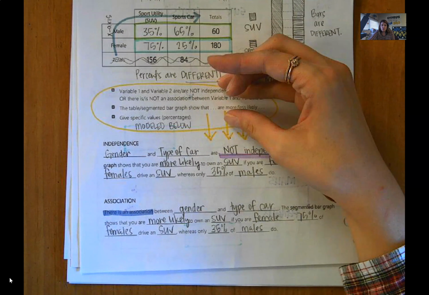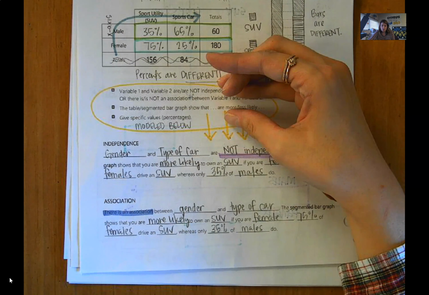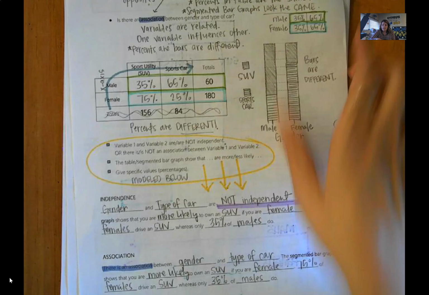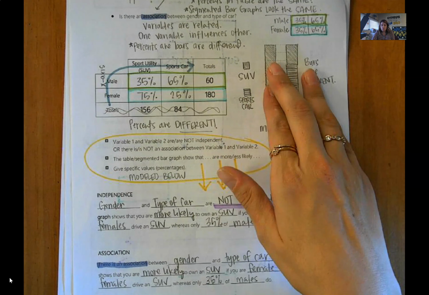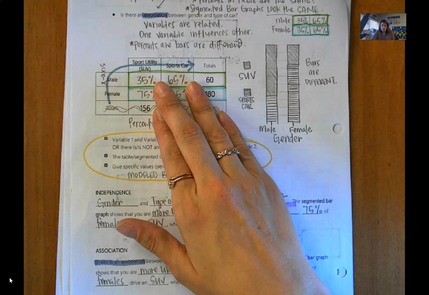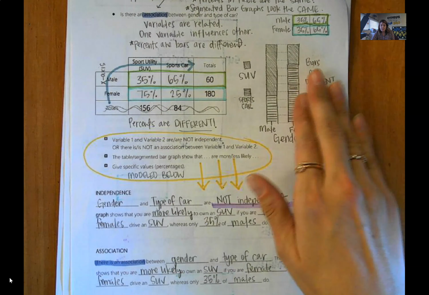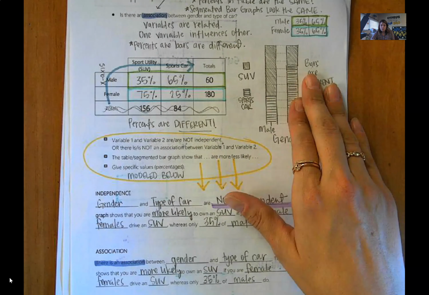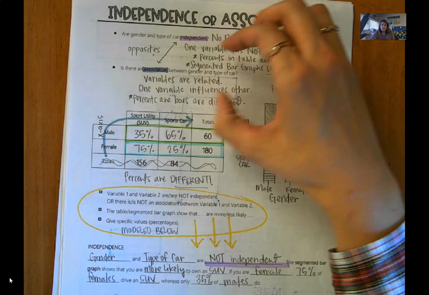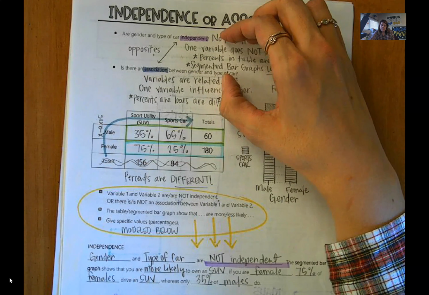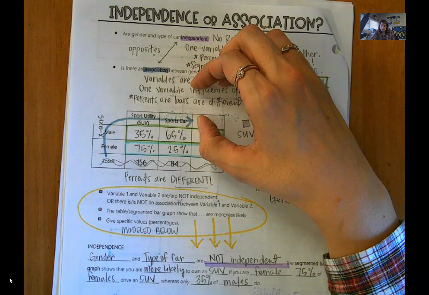These are the things that you need to make sure that you include. This is the part where I walk you through how to use your two-way table to make a segmented bar graph. And then lastly, this explains what is independence, what is association.